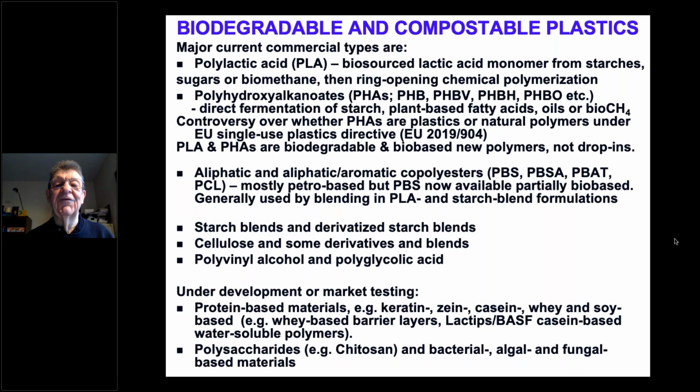That's our platform monomer, and that's polymerized by making it into the dilactide, and then ring opening chemical polymerization to get to a high molecular weight PLA. The PLA is industrially compostable, but it's not home compostable, and it is not anaerobically biodegradable.